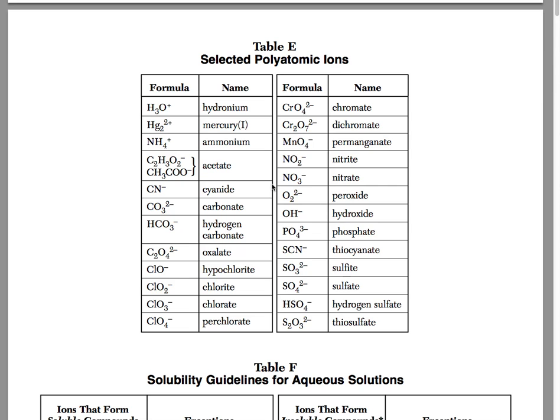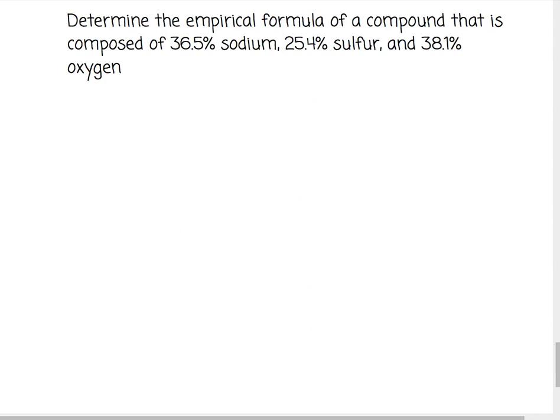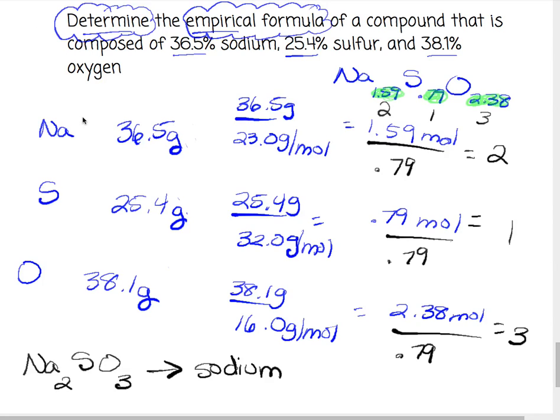If you take out your reference tables and scroll to your polyatomic ion chart, you see SO3, and its name is sulfite. So instead of writing sulfur and oxygen, we write sodium sulfite, S-U-L-F-I-T-E. There you go, sodium sulfite.